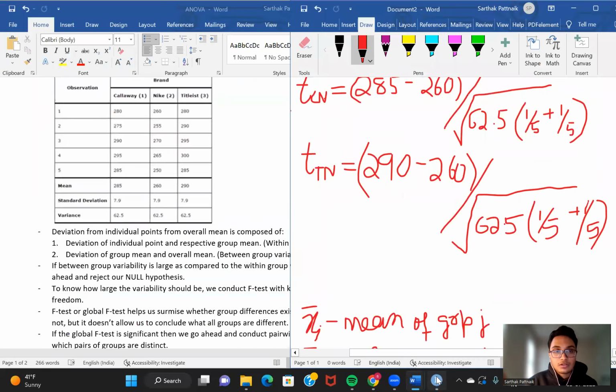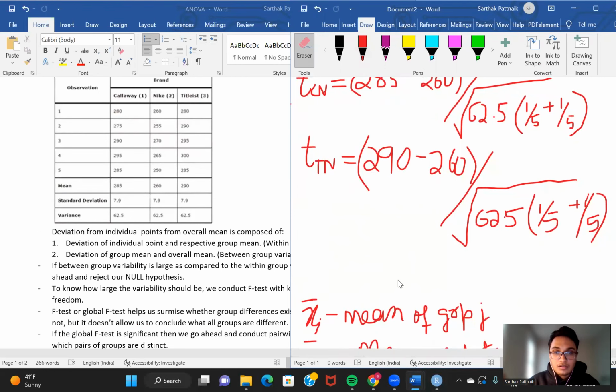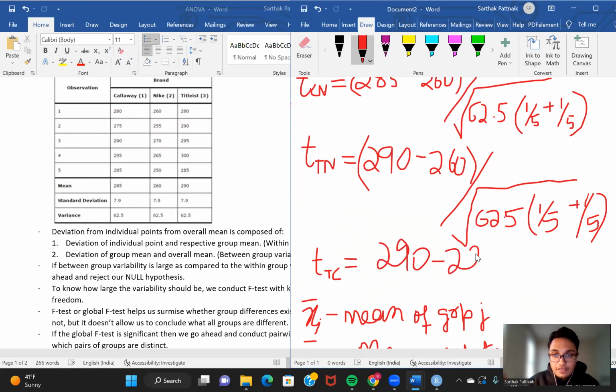We will do the same for Titleist and Callaway. I'll do it directly here. It's 290 minus 285, and since we calculated our denominator as 5, it's going to be the same thing.